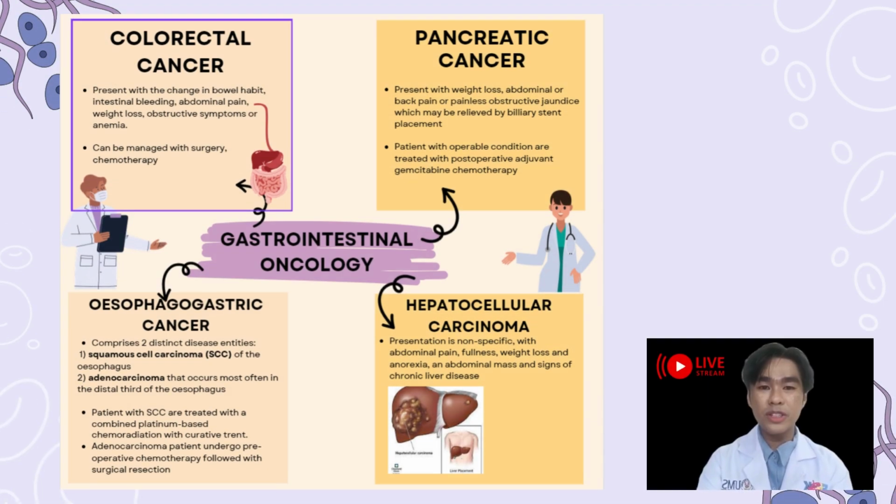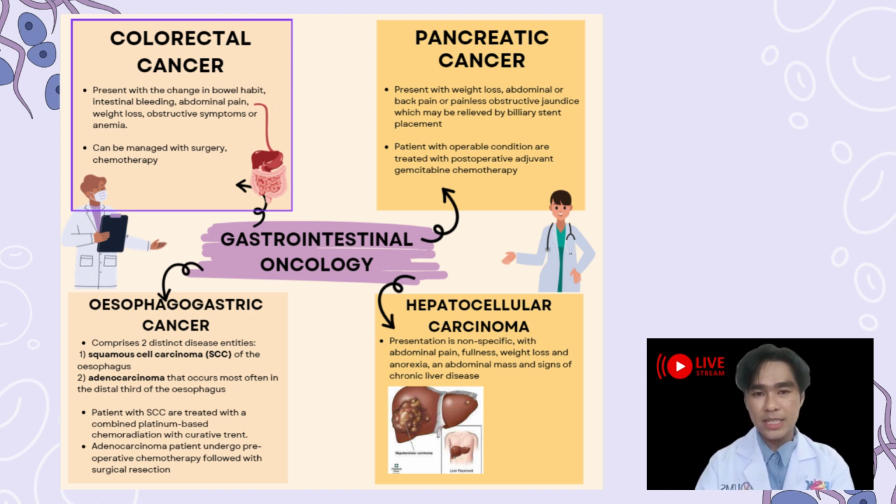Next, we will move on to some of the diseases related to the digestive system and treatments that can be used to treat these diseases. In this presentation, I will be focusing more on gastrointestinal oncology, which means it is more related to cancer. First up, we have colorectal cancer.